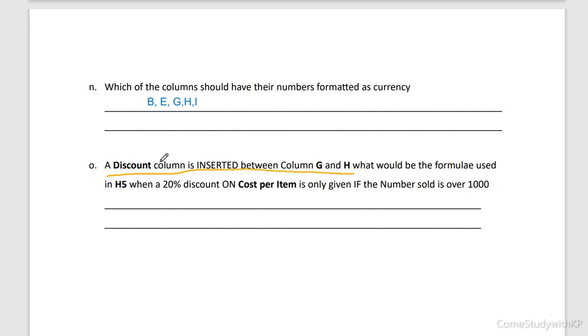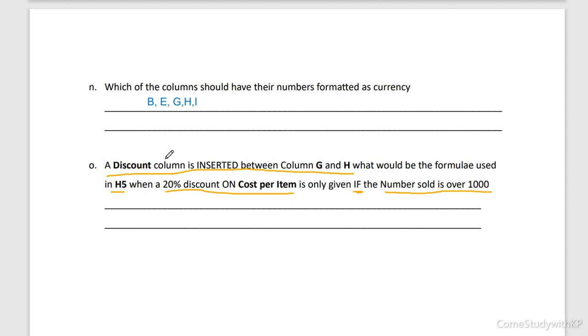A discount column is inserted between column G and H. What would be the formula used in H5 when a 20% discount on cost per item is only given, we say the word if, if the number sold is over 1,000.